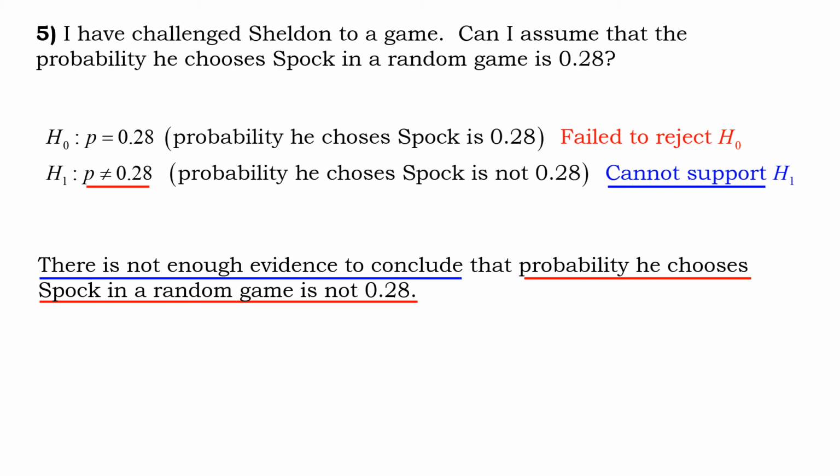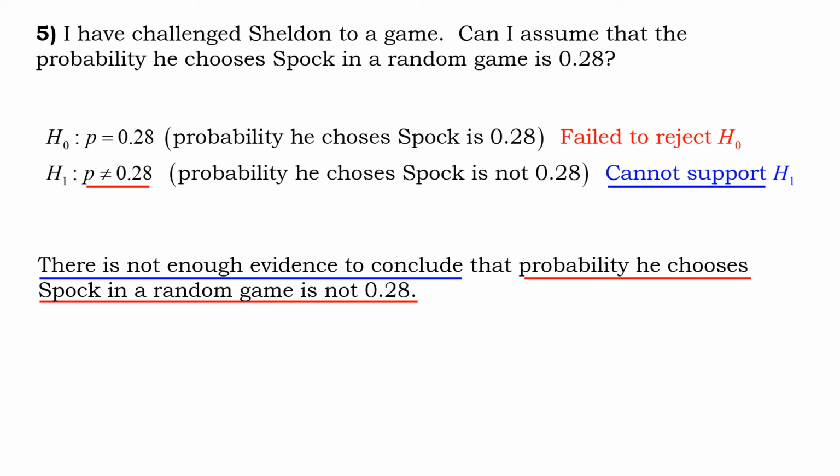So if I go into my match with Sheldon and I assume the probability he chooses Spock is approximately 0.28 or close to that neighborhood, that gives me pretty good insight as to what I should or should not choose myself if I'm going to try and defeat him.